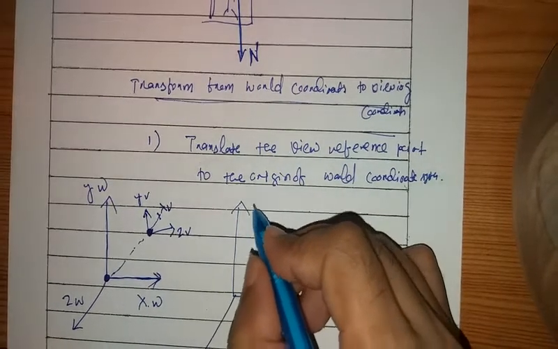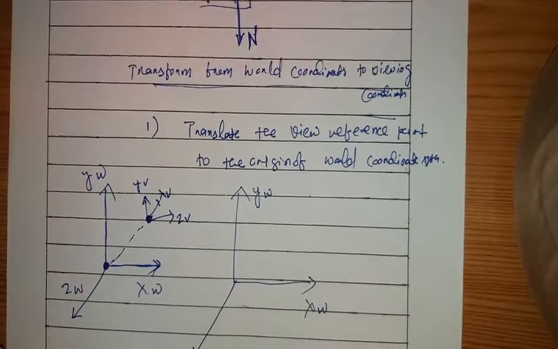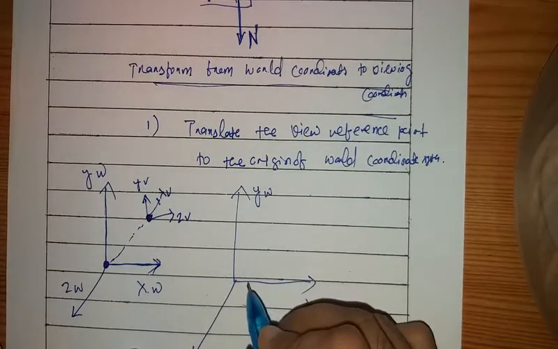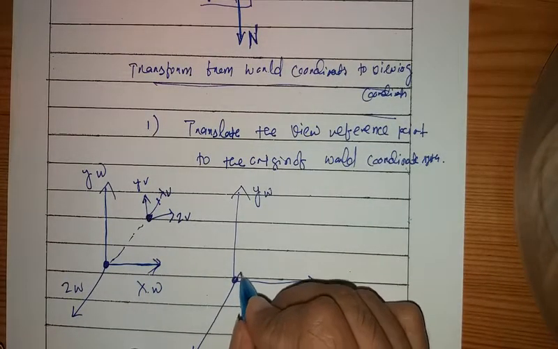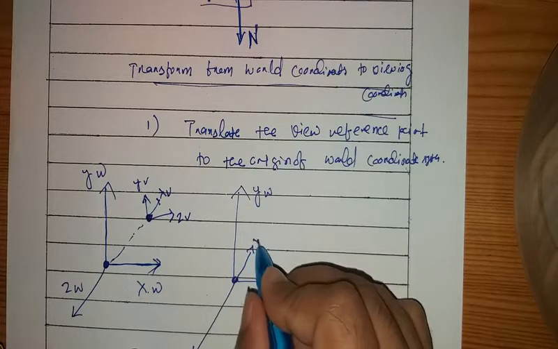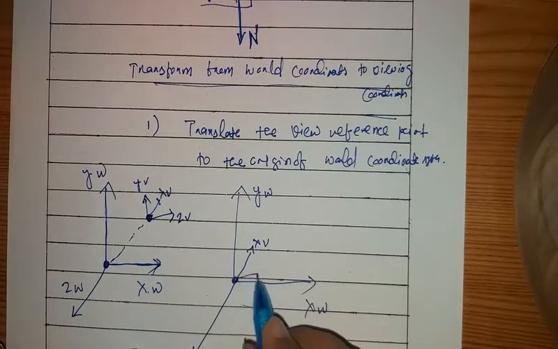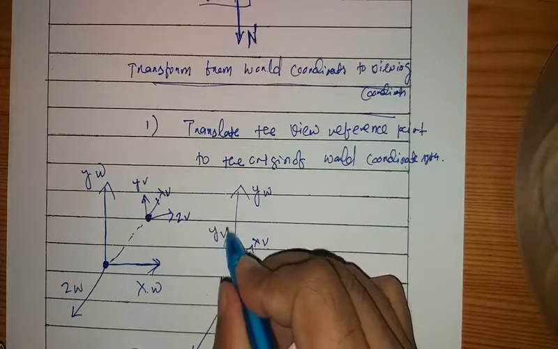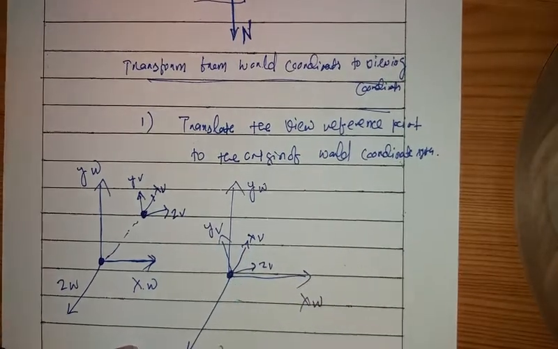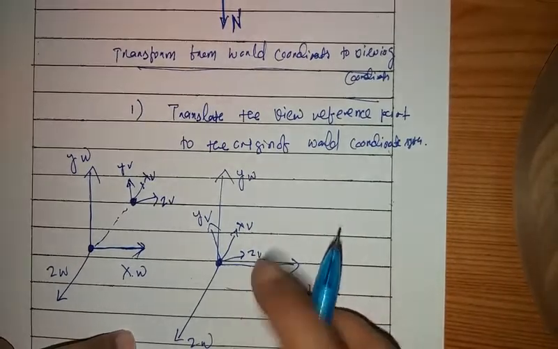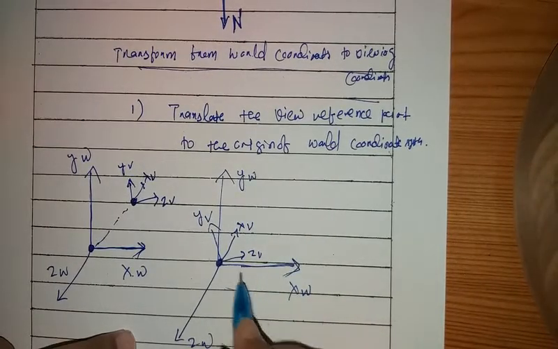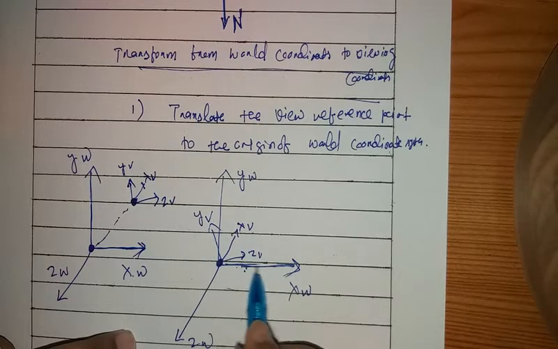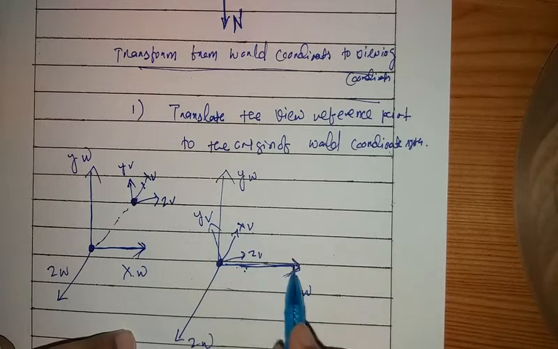As earlier, we use the basic transform functions in 3-dimensional space. This is XB, this is ZB and YB. Simply we are transferring this to the origin. Now you have to align the coordinate system, ZB, or you can say project it onto this axis or plane.